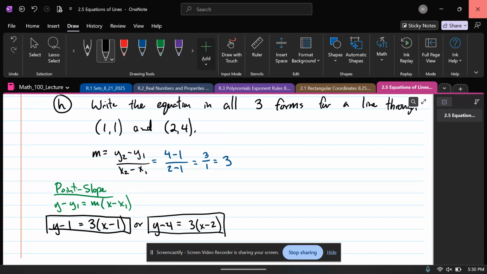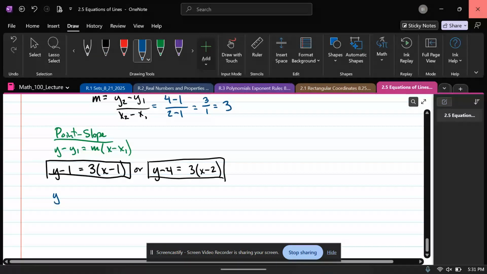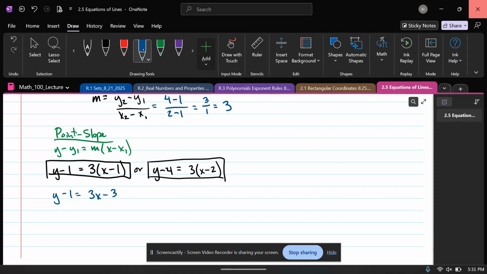But I want you to know you could do, just because Abby Sue does the 1, 1 ordered pair, and Lauren Kiley says, I'm going to do the 2, 4. And it's fine. Doesn't matter. They're both correct. Now, when we go to slope-intercept form, we both better get the same answer. So if I distribute the 3, I'm going to have 3x minus 3, and then I'd add 1.